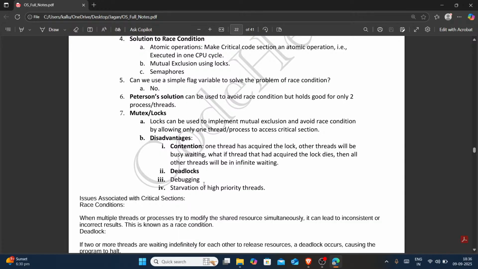Locks can be used to implement mutual exclusion and avoid race conditions by allowing only one thread to access the critical section.